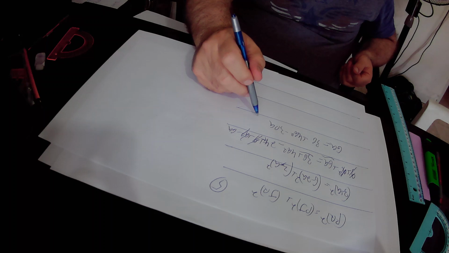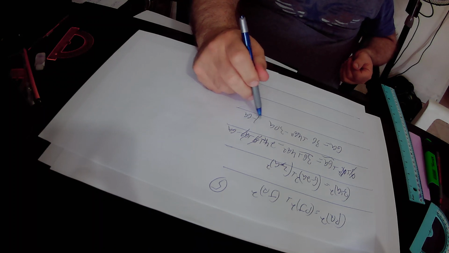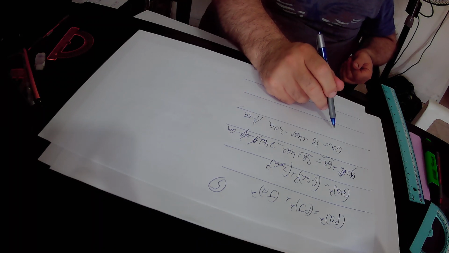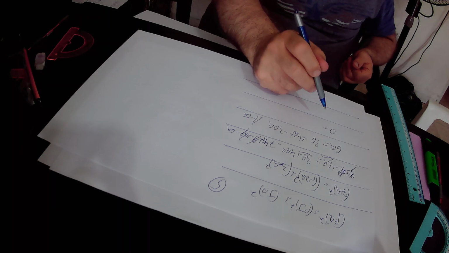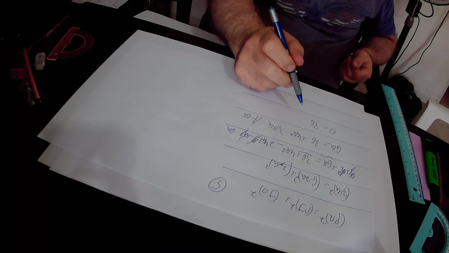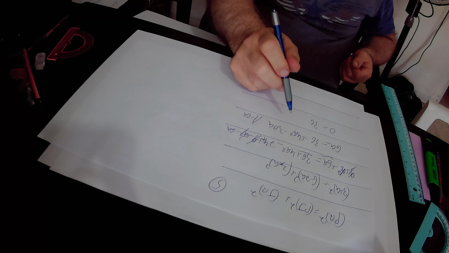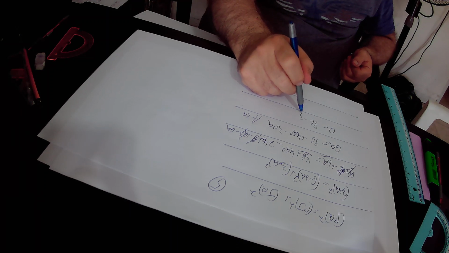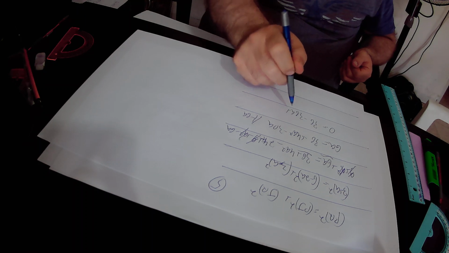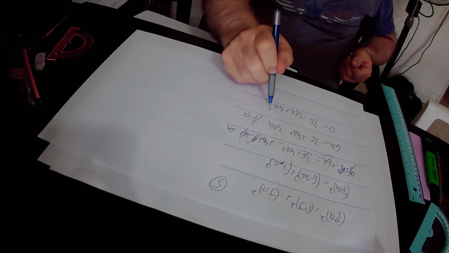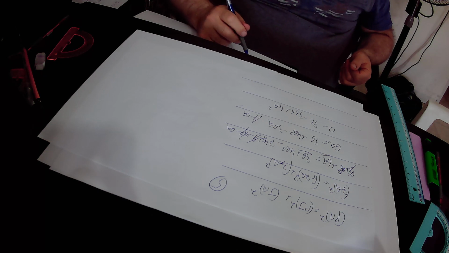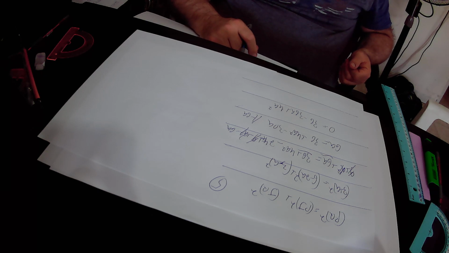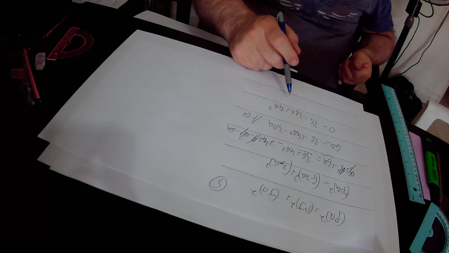Here we subtract 6A from both sides of this equation, and we get that on this side of the equation we have nothing, 0, and on the other side of the equation we have 36 minus 30A minus 6A, which is minus 36A, plus 4A squared. In conclusion, we found out that 4A squared minus 36A plus 36 equals 0.